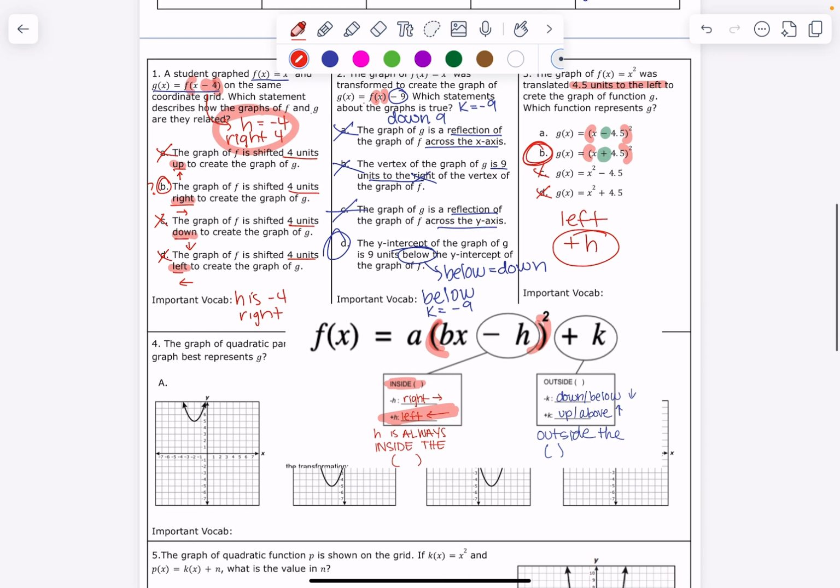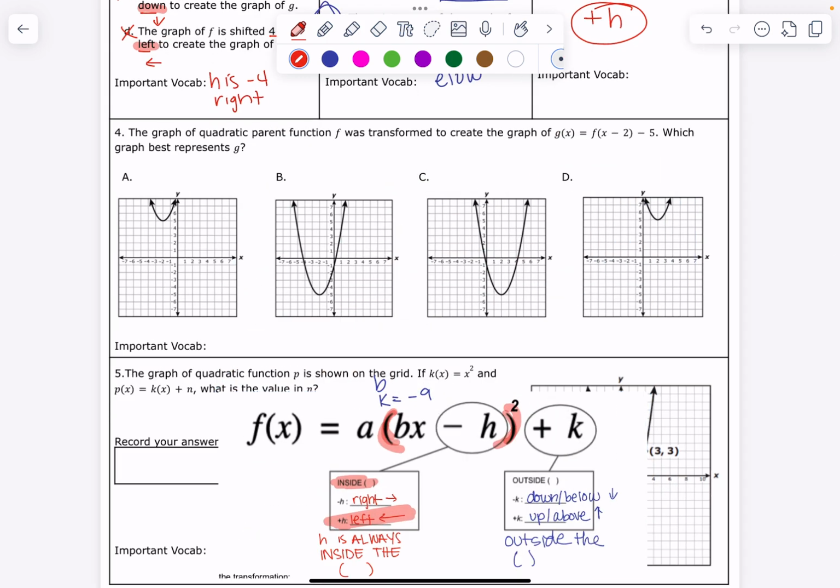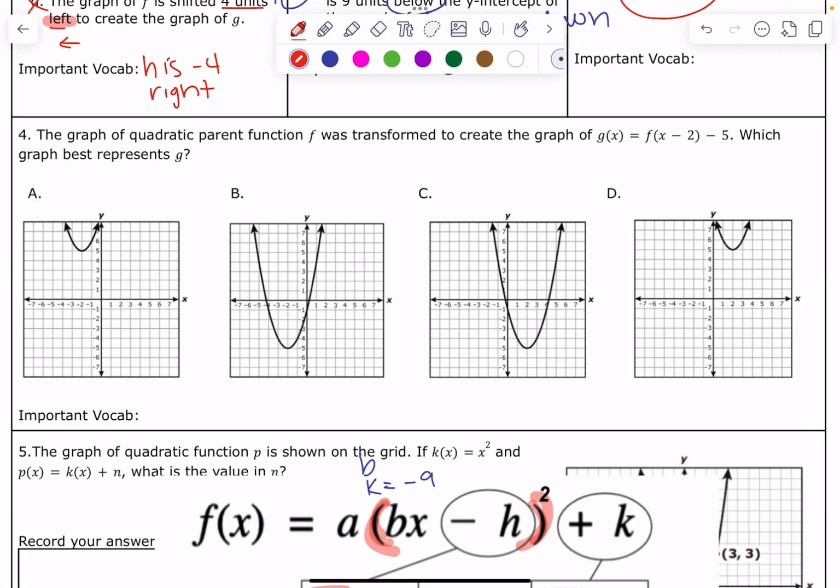Okay? So now, if we keep going, this one will be best done in Desmos. It's just recommended. It says the graph of quadratic parent function f. When you see this and it only says f, I would always try to remember f(x) = x squared. That is your parent function. We need to know that. Was transformed to create the graph g(x) = f(x minus 2) minus 5.